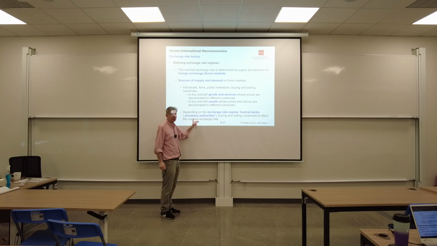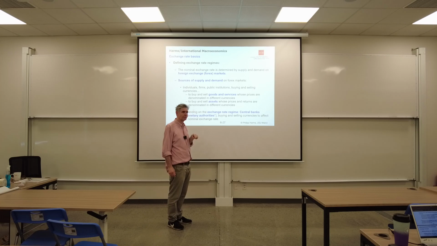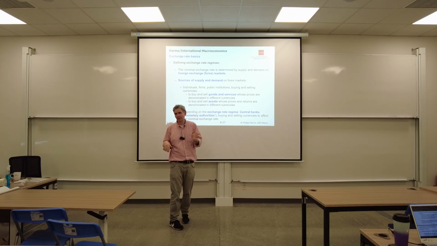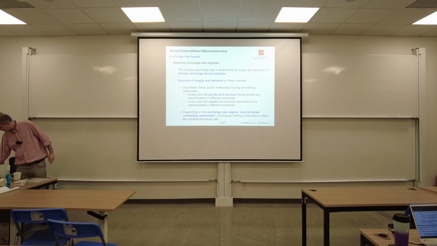I say monetary authorities because, interestingly, when the United States does foreign exchange interventions, which is very rare, it's not the central bank, but it's part of the Treasury. I don't know why that is the case, but it's just the fact.